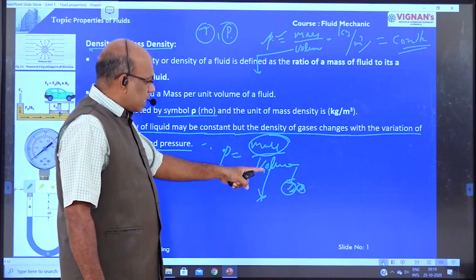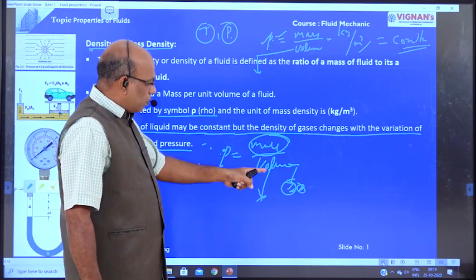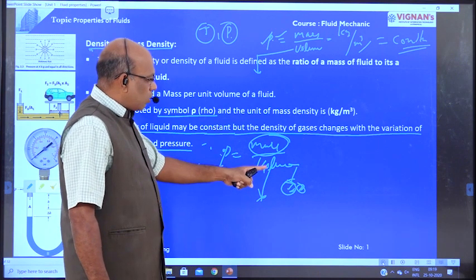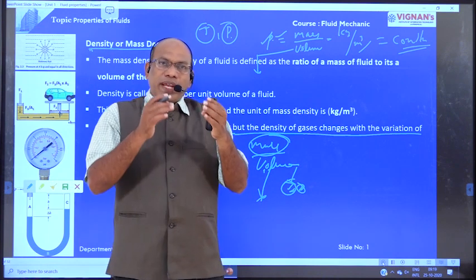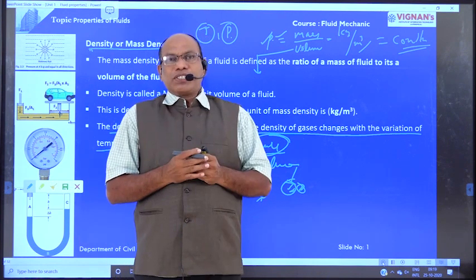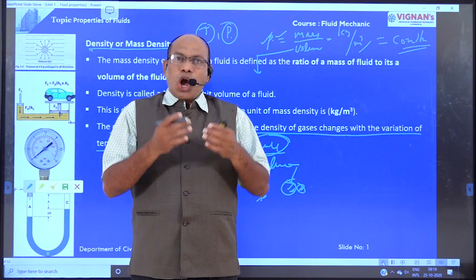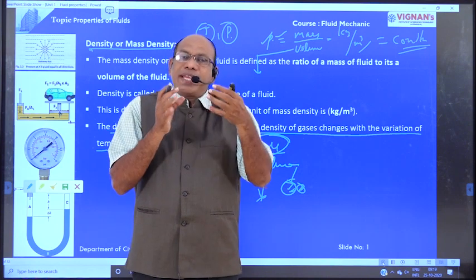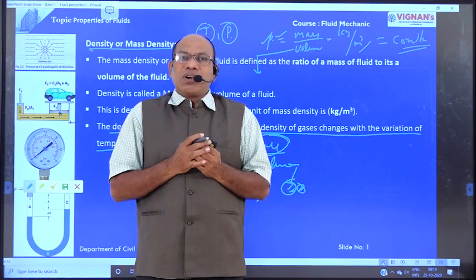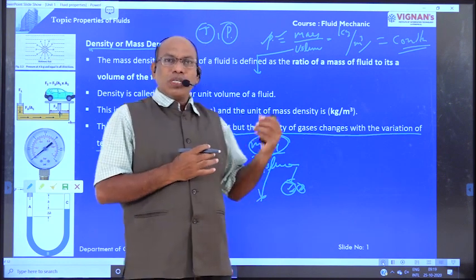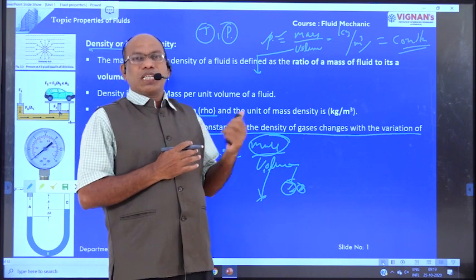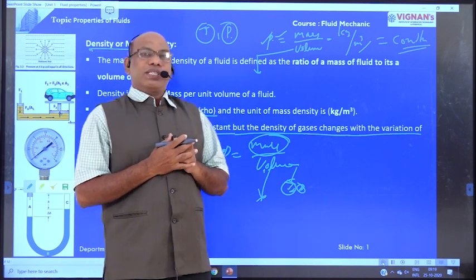So if the volume changes because of temperature and pressure changes, the volume of the gas changes abnormally. Therefore, the mass density also changes with respect to temperature and pressure.